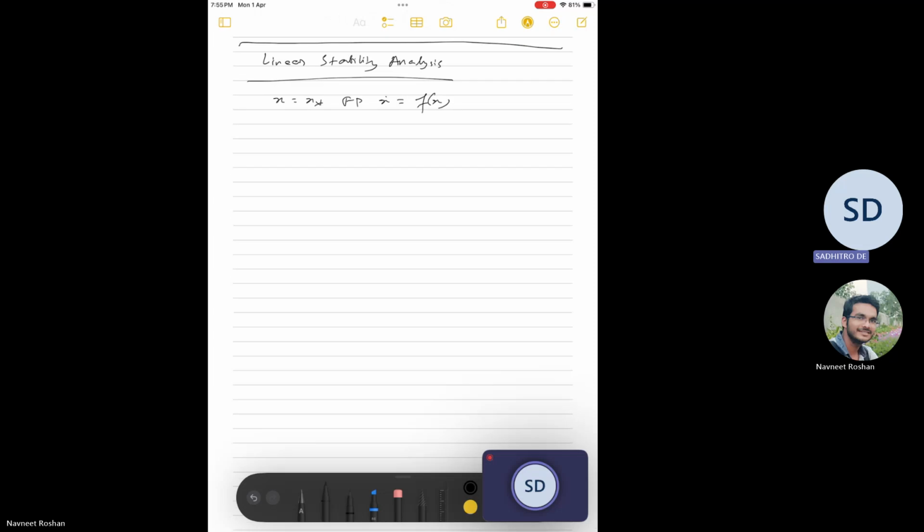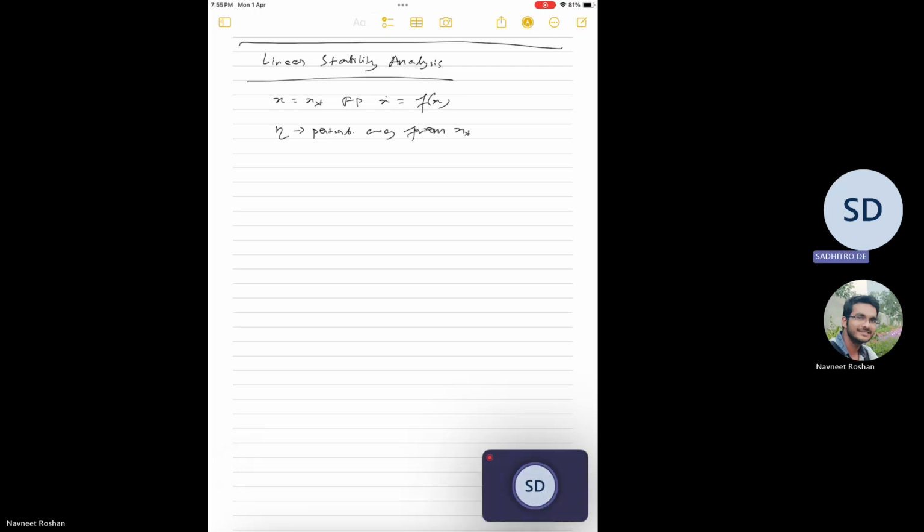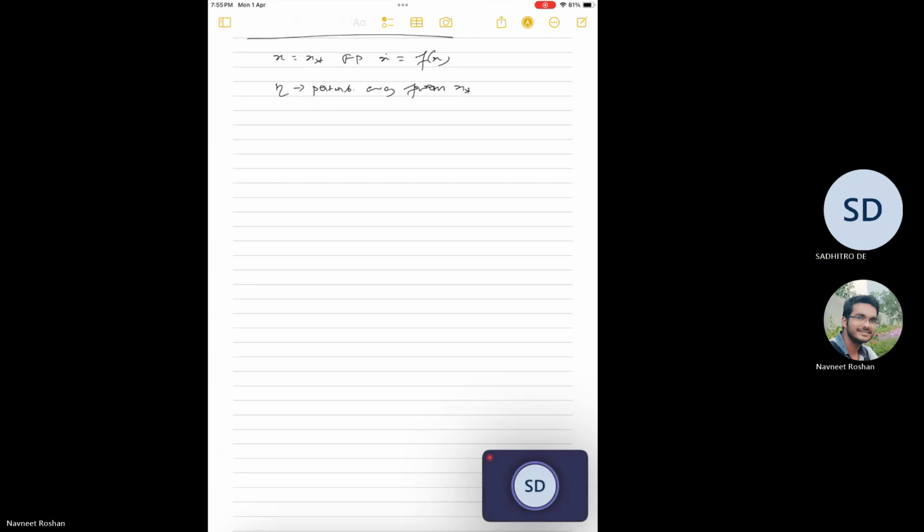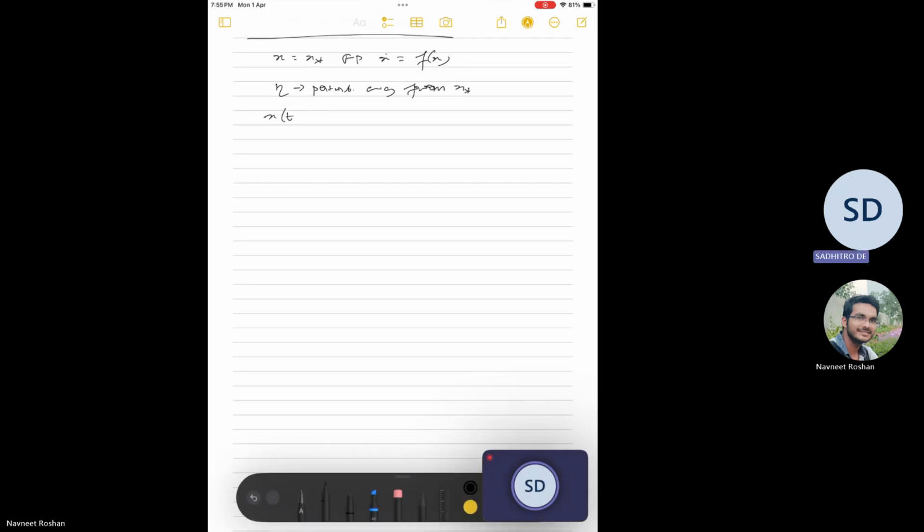Now let us suppose that eta is a small perturbation away from x star. So we can write x at any given time as x star plus eta, which is a function of time.